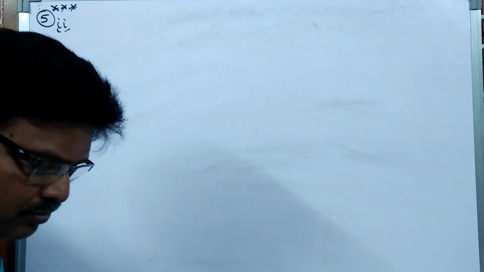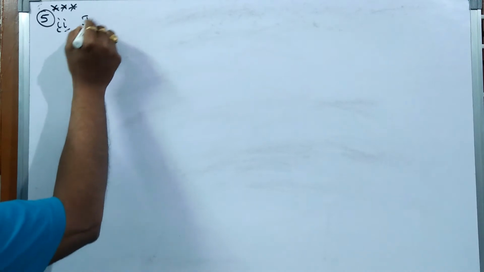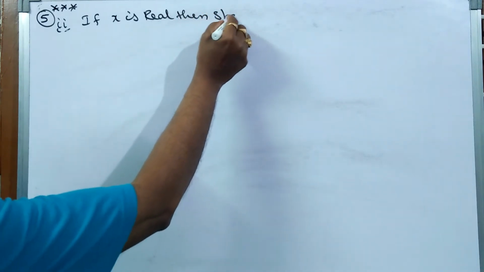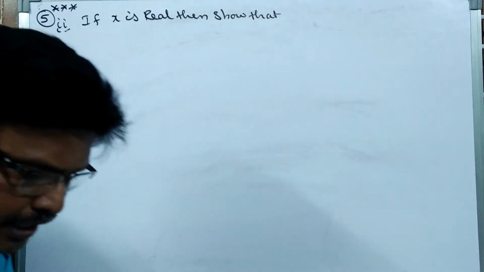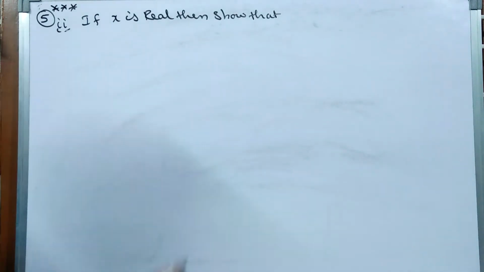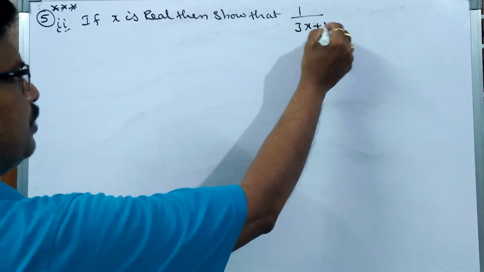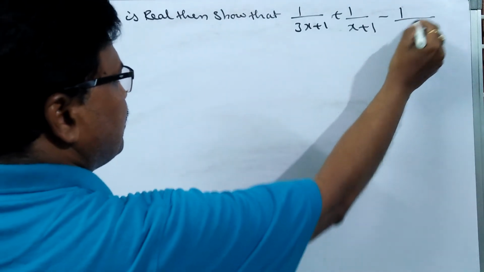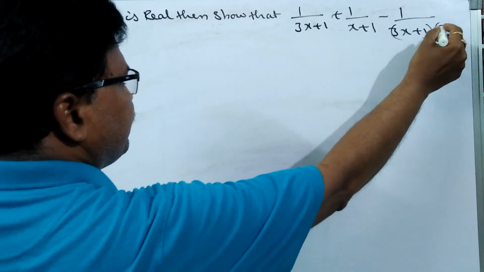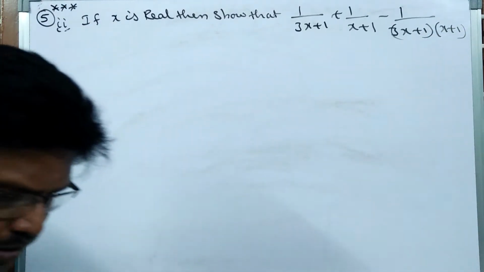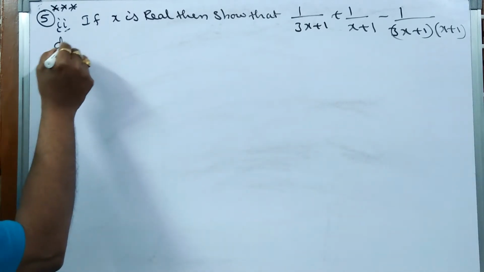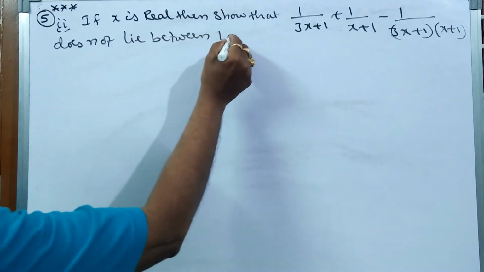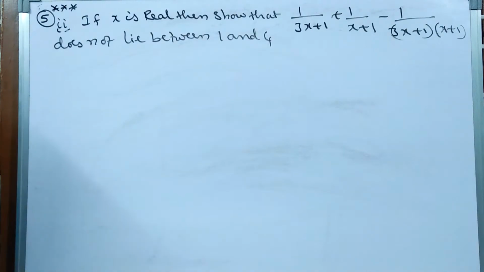Note down the problem: if x is real, then show that 1 by 3x plus 1 plus 1 by x plus 1 minus 1 by 3x plus 1 into x plus 1 does not lie between 1 and 4. Does not lie between 1 and 4.